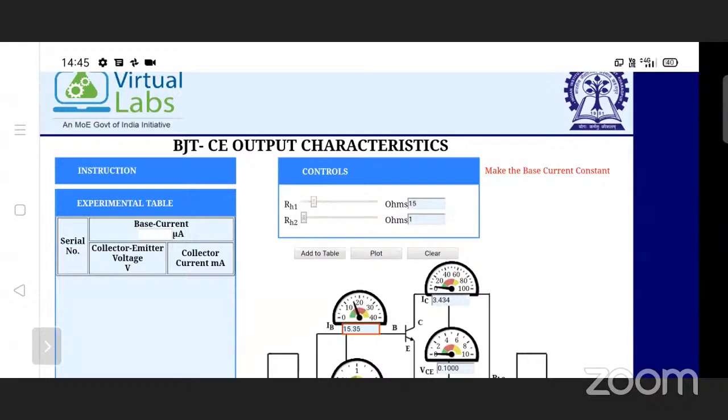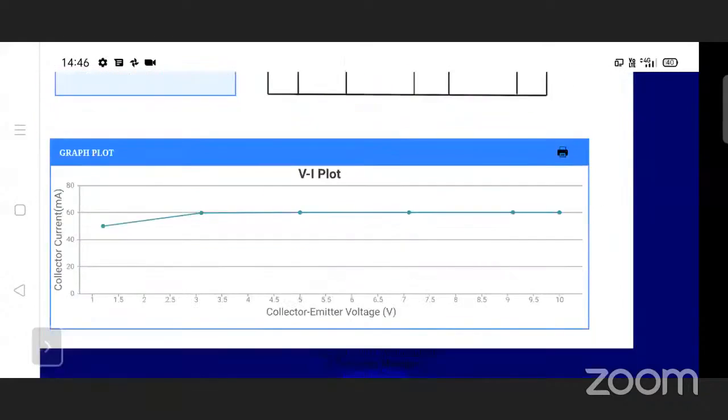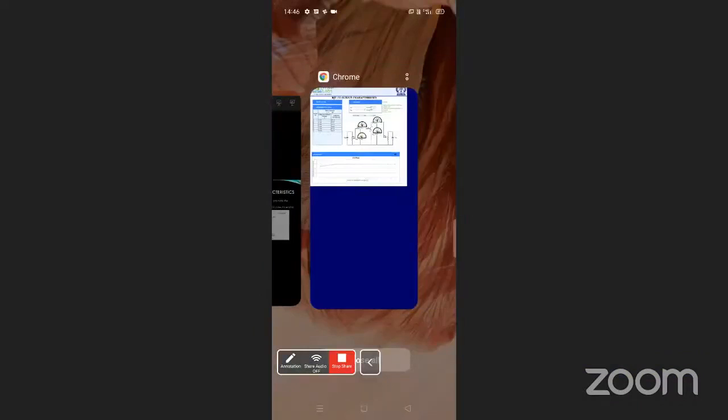Then we have to vary the collector to emitter voltage, which is RH2. This type of graph we will get. So this is the output characteristics.